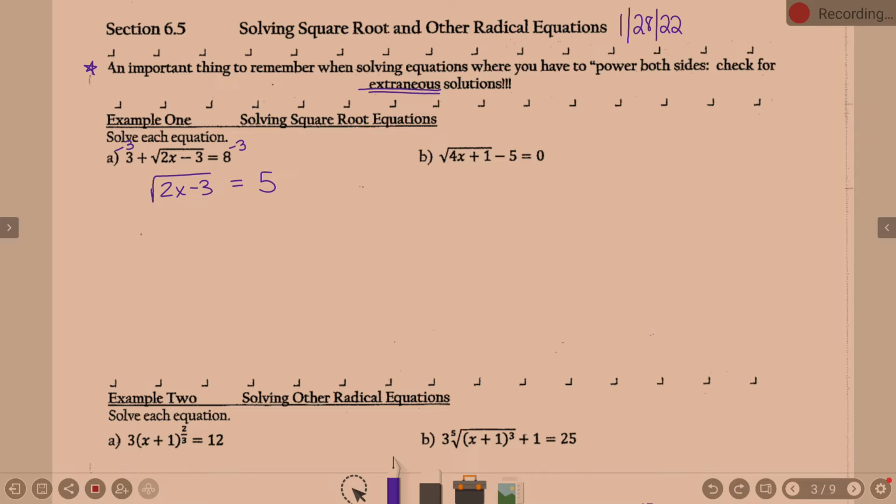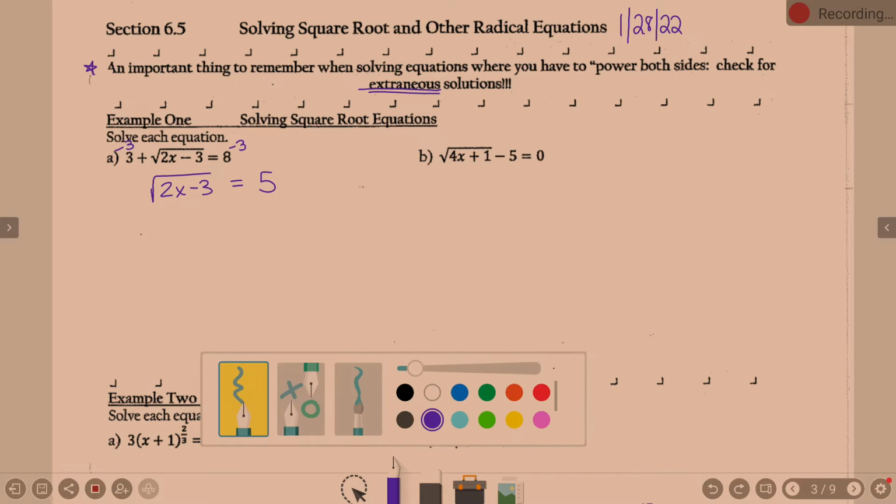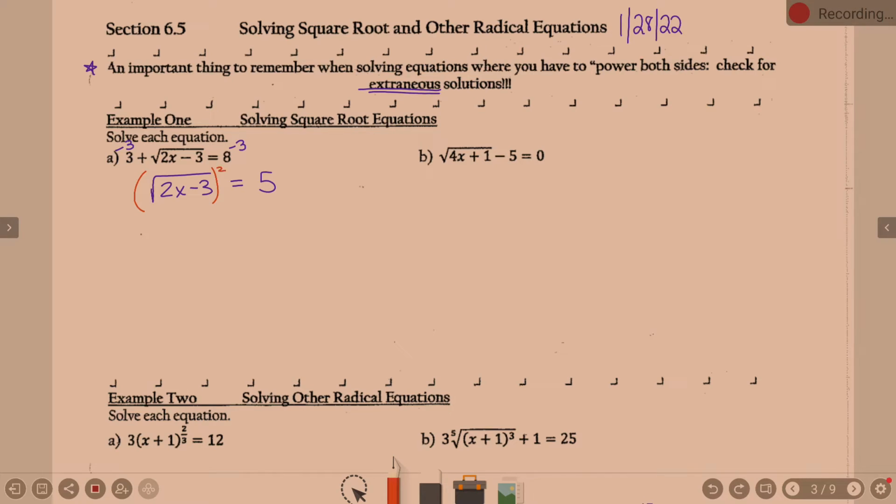Squaring, right? If it's a square root, in order to get it to disappear, we're going to raise it to the power of 2. We're going to square it. Now, what do you guys know about equations? If we square the left side, we're going to square the right side. What you do to the left, you do to the right.